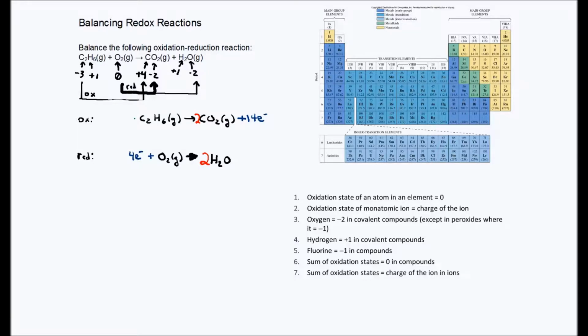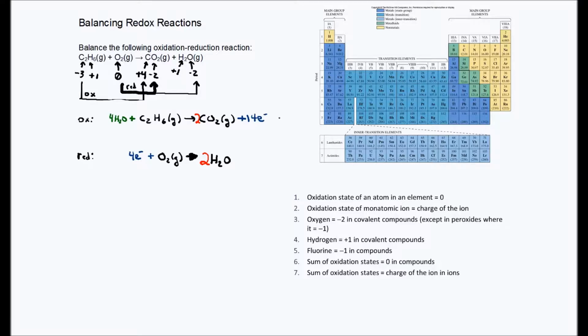Okay. So now I go through, and in my next step, I balance out, in the first case, oxygen and hydrogen. So oxygen I balance with water. I have 4 oxygens on the right, none on the left, so I need 4 waters on the left. All right. In the second one, I have 2 oxygens on the left, 2 oxygens on the right. That's already balanced for oxygen. And now hydrogen.